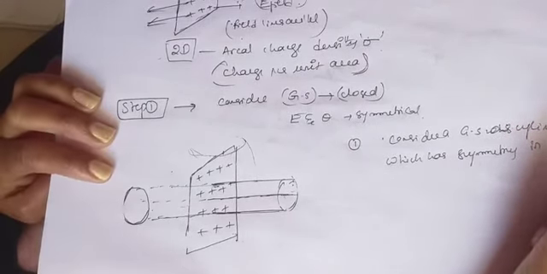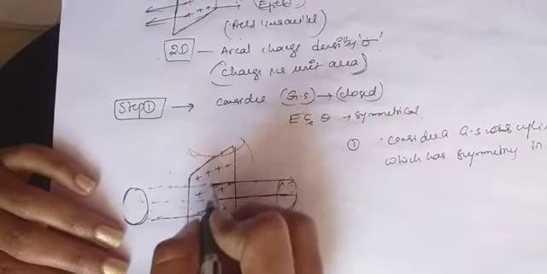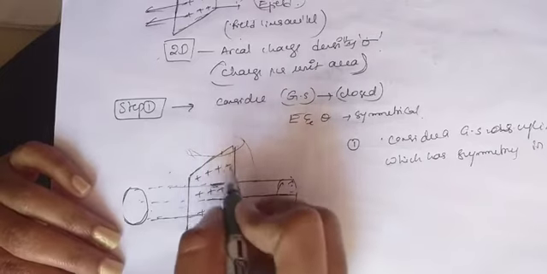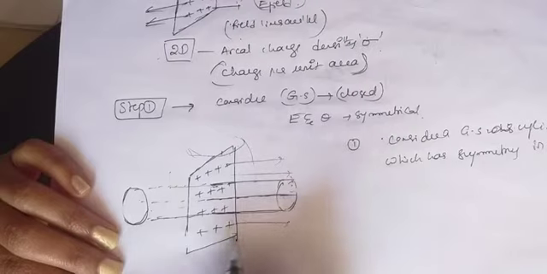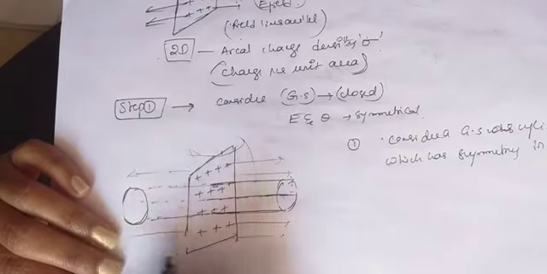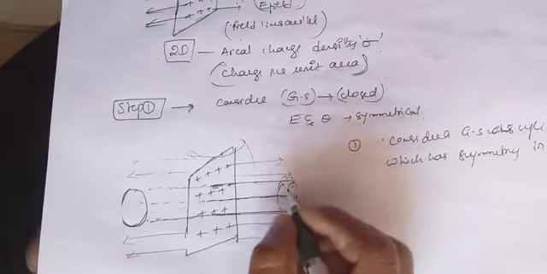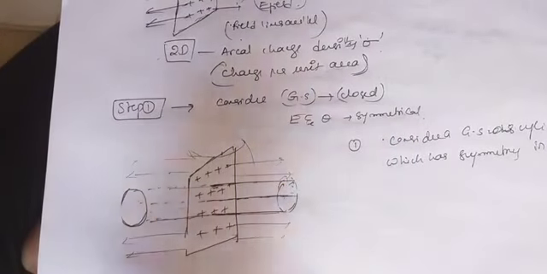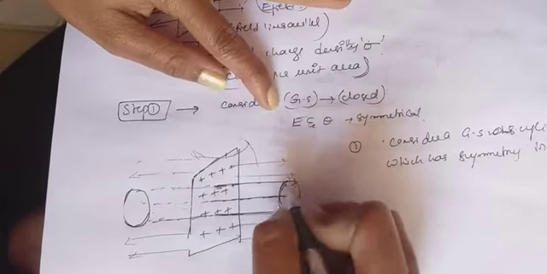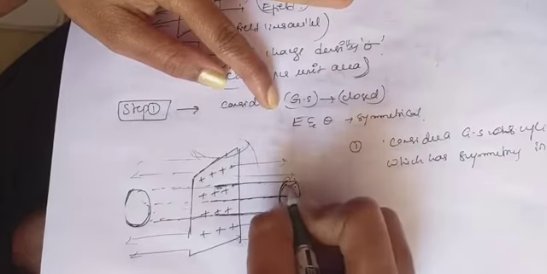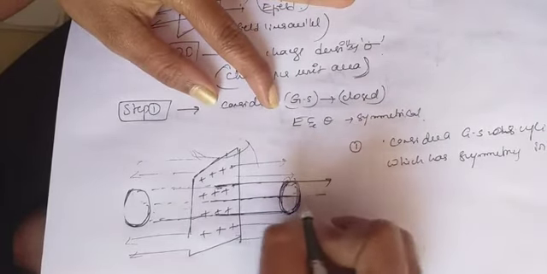For any large sheet, the electric field lines are uniform and parallel. Here I placed one Gaussian surface, and we have two kinds of surfaces. First, this is a flat surface, and these are the electric field lines passing through it.